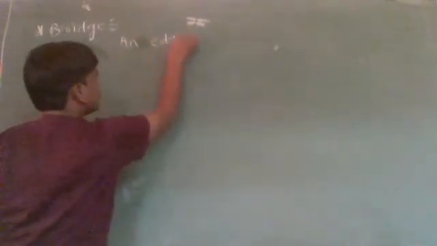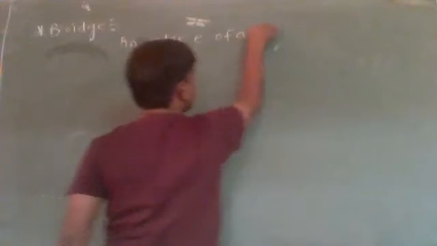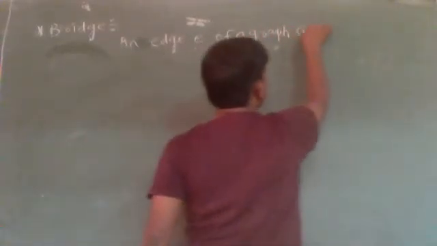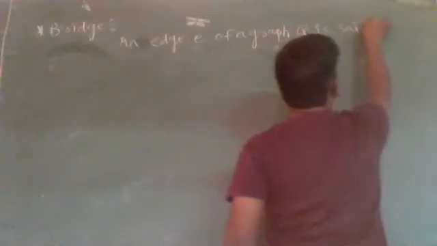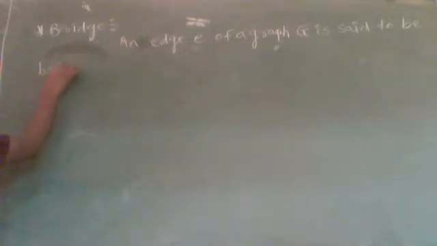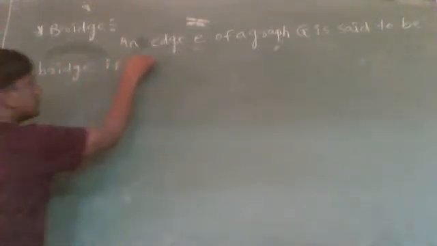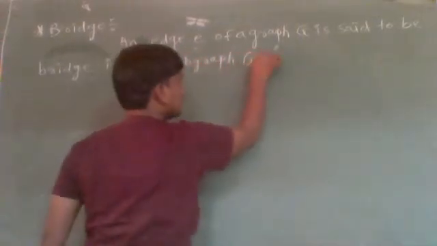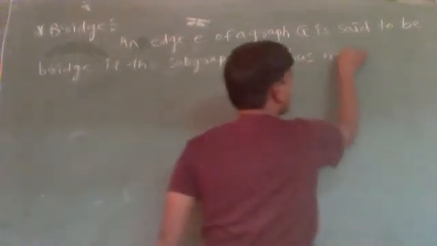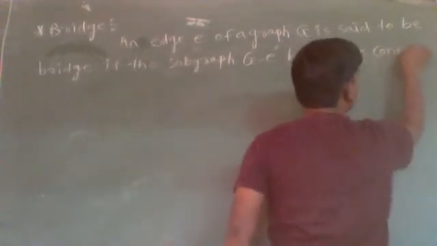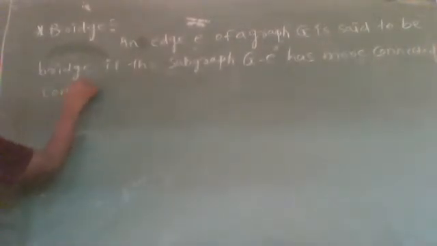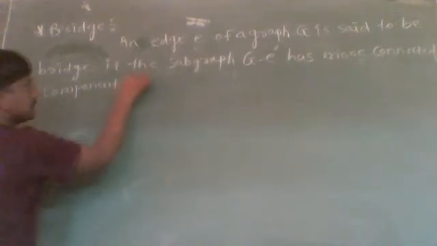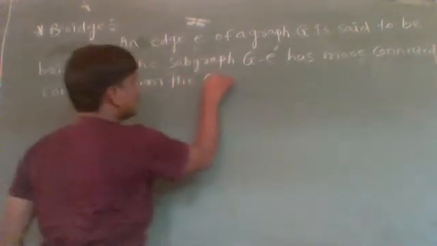An edge E of a graph G is said to be a bridge if the subgraph G minus E has more connected components than G has.